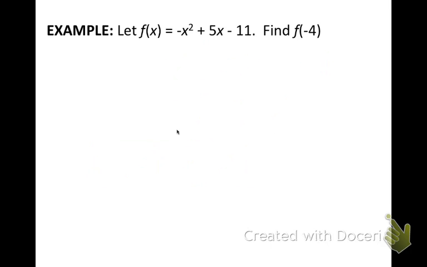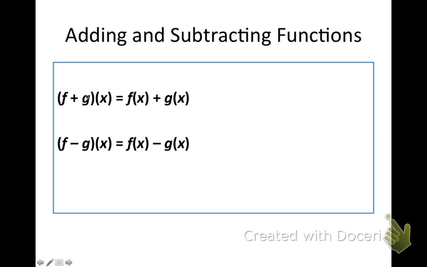All right, so now let's actually add and subtract functions. So, new notation. Instead of just saying f of x or g of x, we might be adding or subtracting two separate functions.